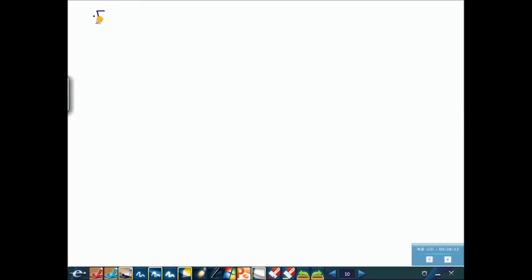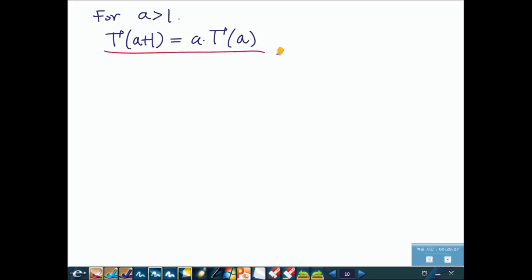For a greater than 1, gamma of a plus 1 becomes a times gamma of a. From the definition, you can easily draw this conclusion. If you need some proof, it's the integral from 0 to infinity of e to the minus x times x to the a dx. Okay?